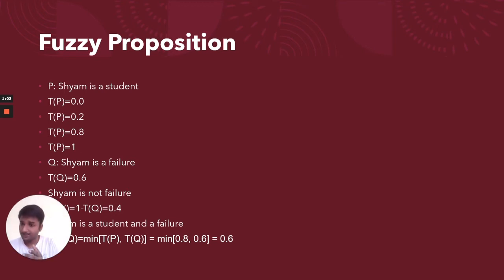It can have a truth value of 0, or 0.2, or 0.8, or 1. It can change. And another proposition is given, Sham is a failure. T of Q is equal to 0.6, and Sham is not a failure, right?